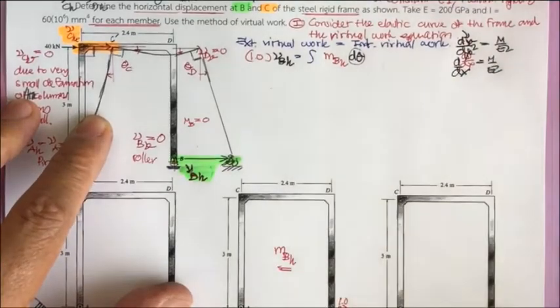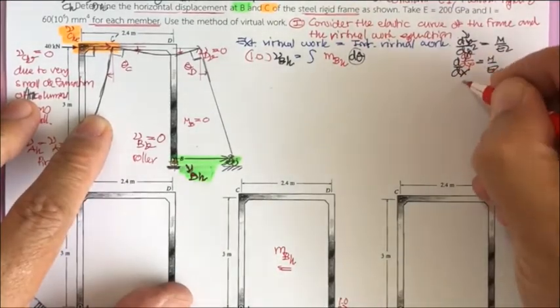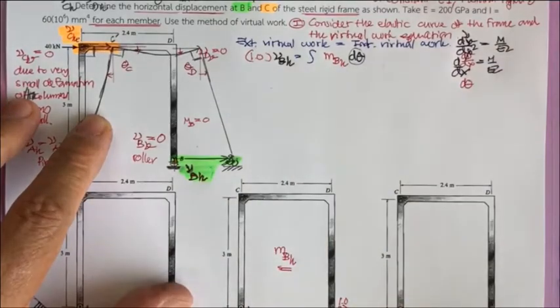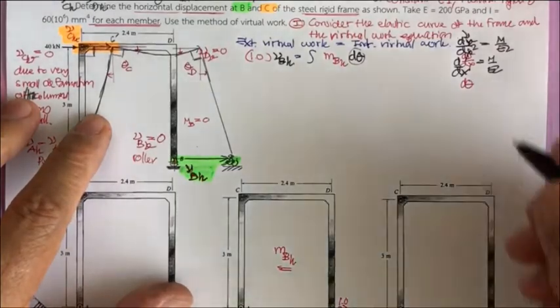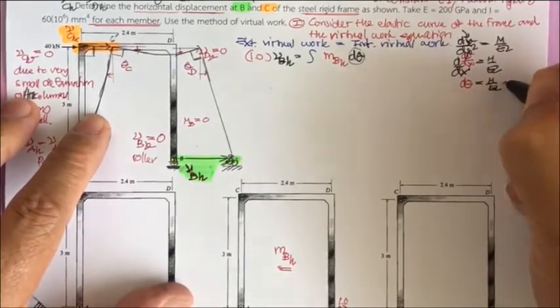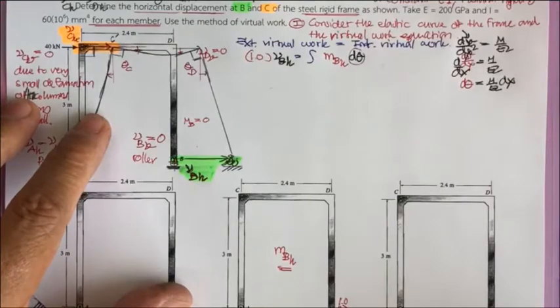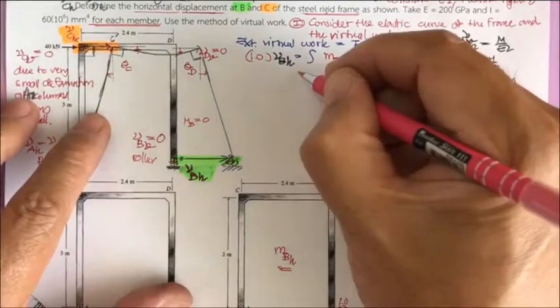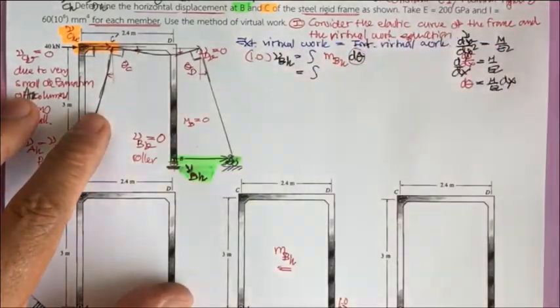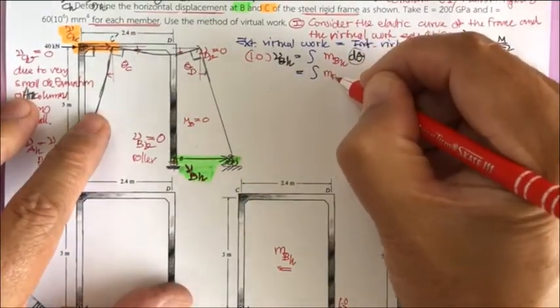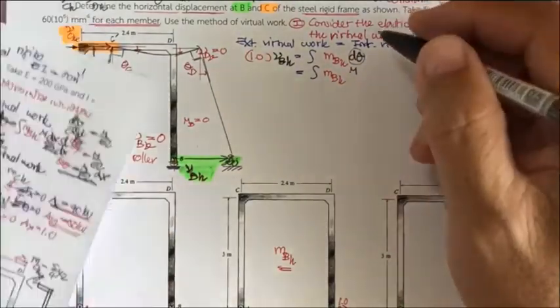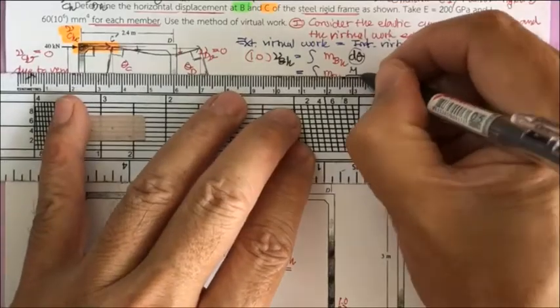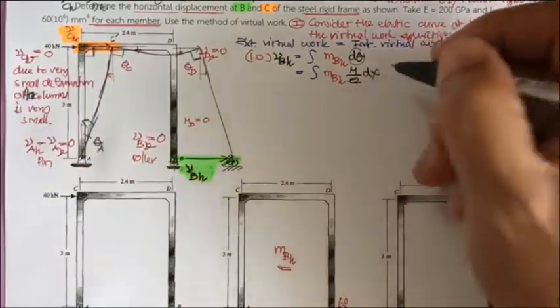You may write this as d theta, the small differential change of theta, which equals M over EI dx. Now if you put that into this equation, this is going to be the integration of M sub BH times M over EI dx.